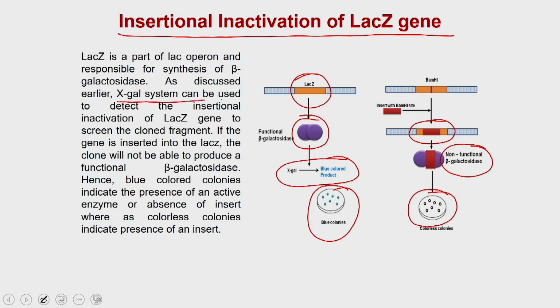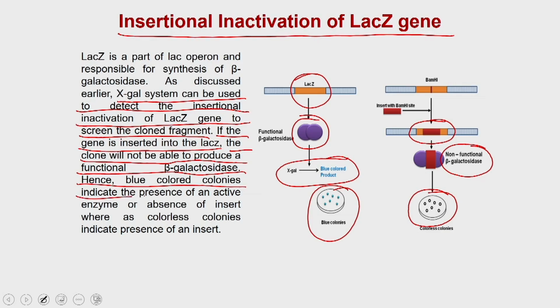So, the X-gal system can be used to detect the insertional inactivation of the LacZ gene to screen the cloned fragment. If the gene is inserted into LacZ, the clone will not be able to produce a functional beta-galactosidase. Hence, blue colored colonies indicate the presence of an active enzyme or the absence of insert, whereas colorless colonies indicate the presence of an insert.